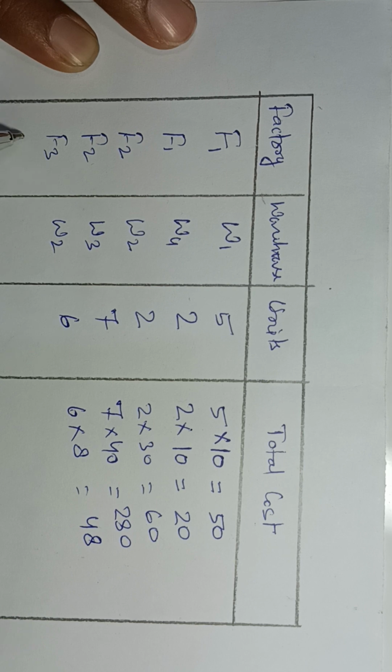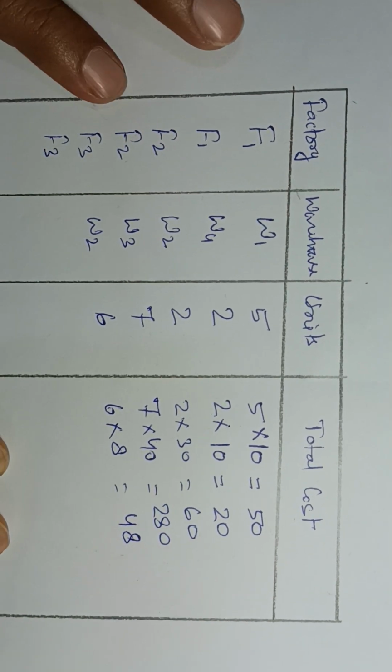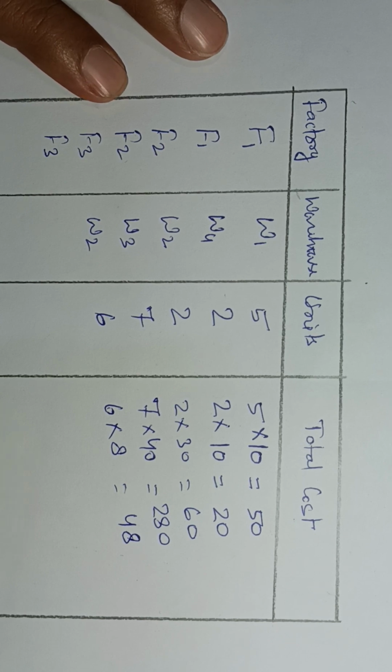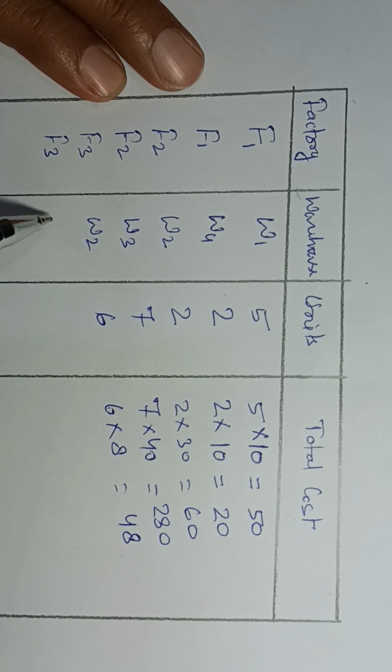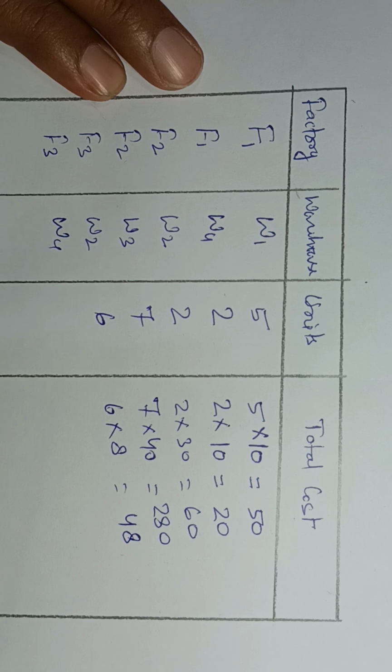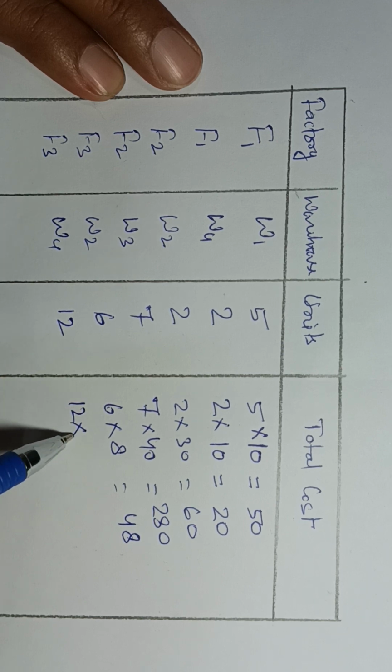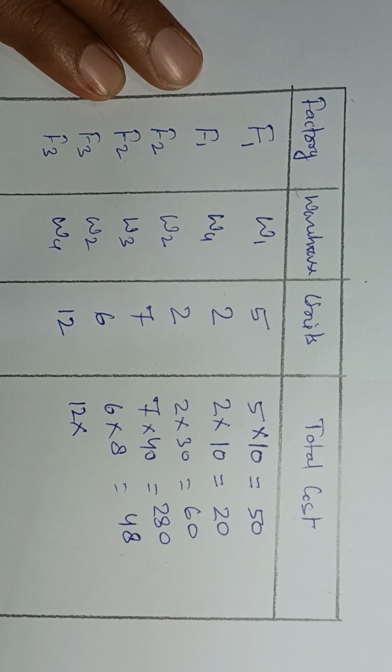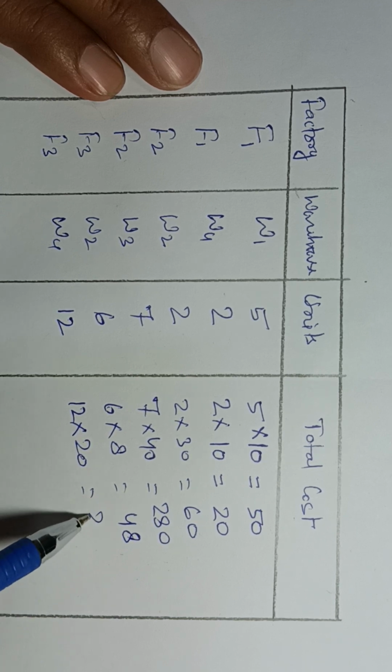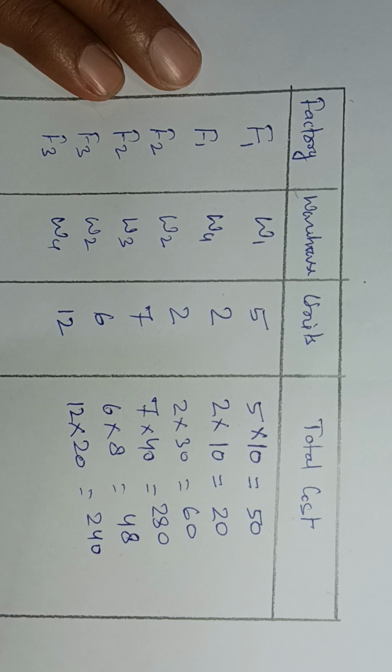Again F3 to W4, units 12, so 12 into the cost is given. I am referring to the last matrix, 20 to 40.